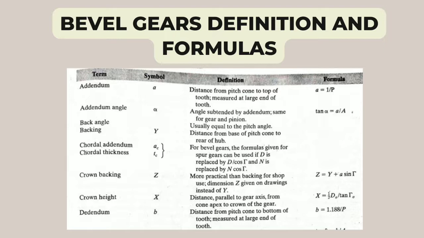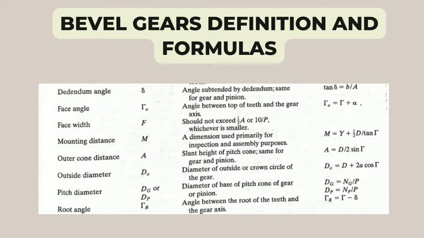Dedendum is the distance from the pitch cone to the bottom of the tooth measured at the large end of a tooth. The dedendum angle is the angle subtended by the dedendum, the same for gear and pinion. Face angle is the angle between the top of the teeth and the gear axis.